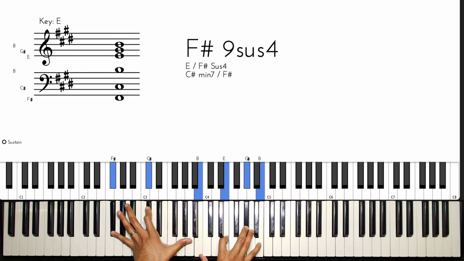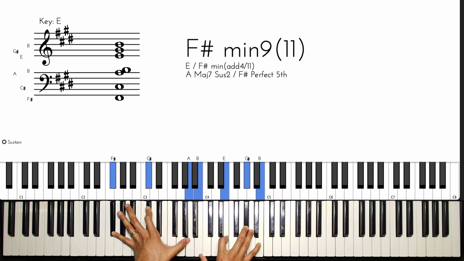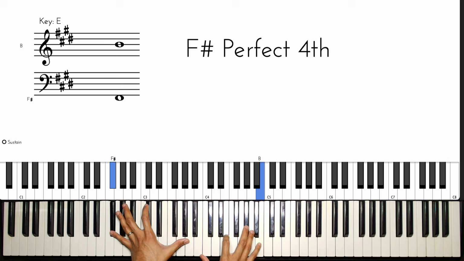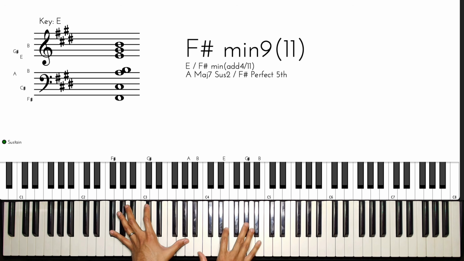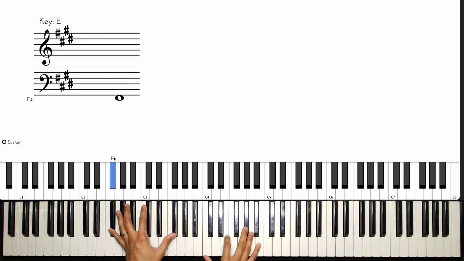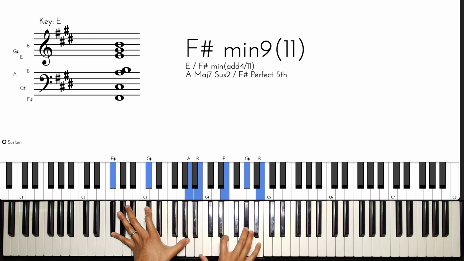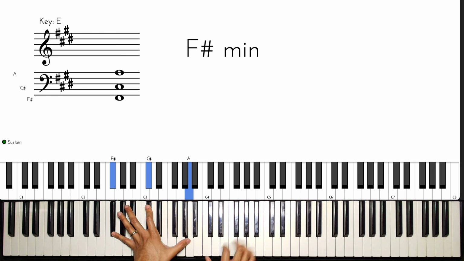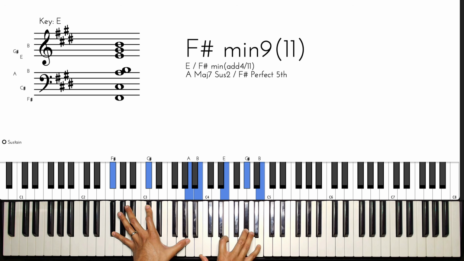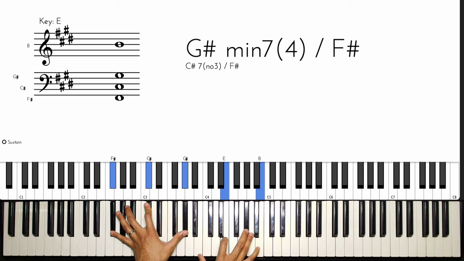Then we can add the 10th, or the minor third. We can call it a minor 10th, I'm not sure, but that would be the minor third up an octave. F sharp, C sharp, and A under an E major chord.